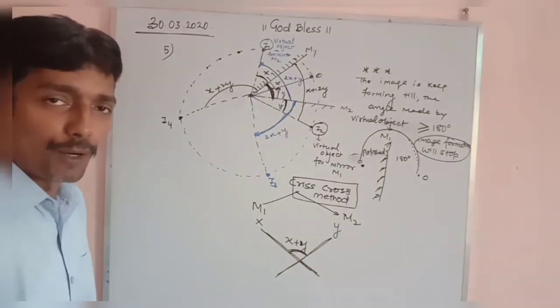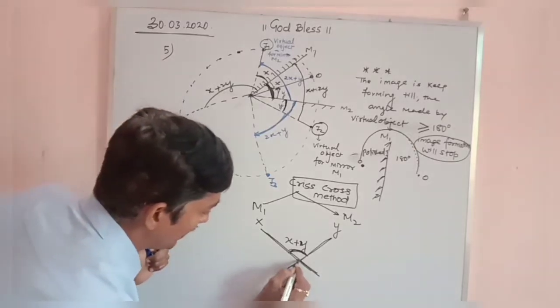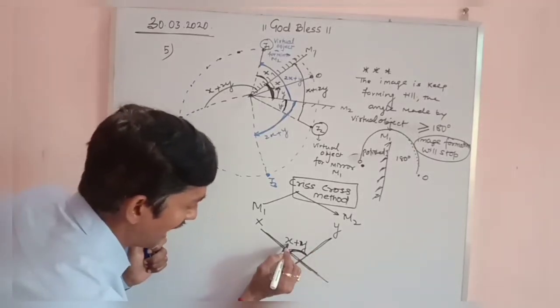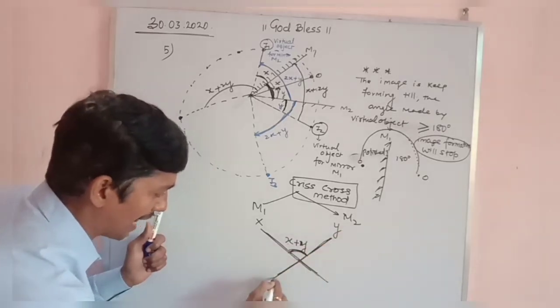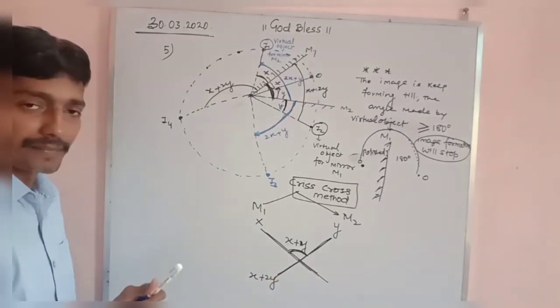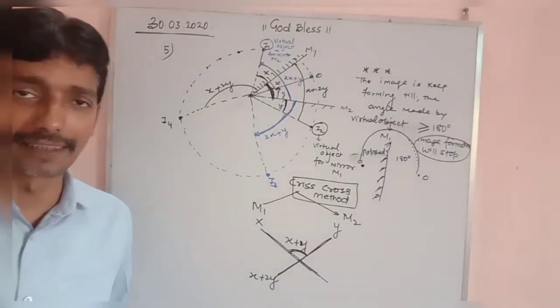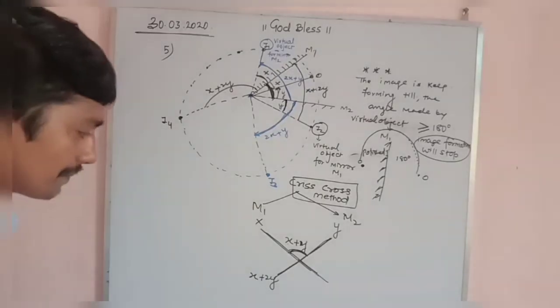Now, what are you supposed to do? Now see the crisscross method, so easy. Now on this line over here, this is X, this is Y and this is also Y. So here I am getting the answer X plus 2Y. I hope it is clear. You can see here I am getting X plus 2Y.